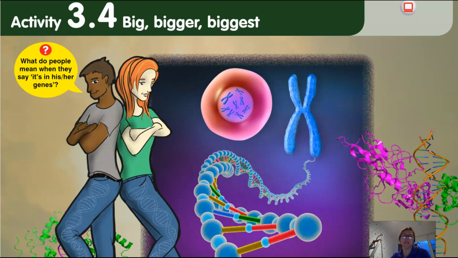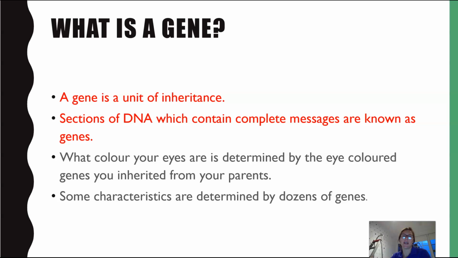So what is a gene? As we've mentioned before, a gene is a unit of inheritance. It's sections of our DNA that contain complete messages. So the color of our eyes is determined by the genes that you inherited from your parents.